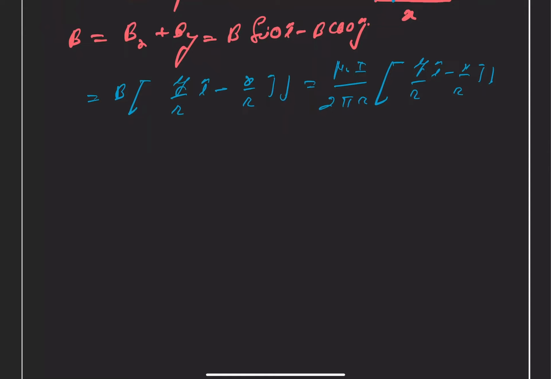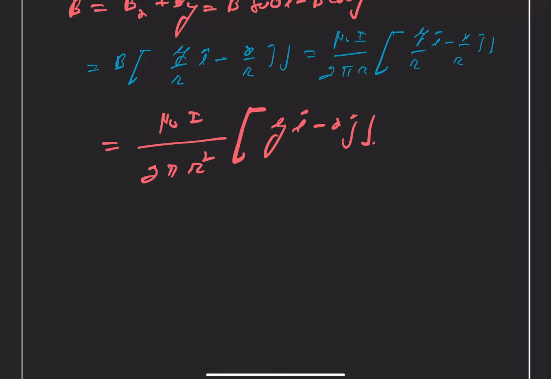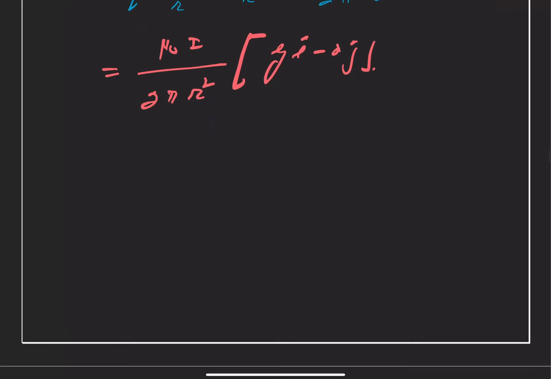which can be further simplified, is equal to mu naught I upon 2 pi r square, y of I minus x of j, and our r square is nothing but x square plus y square.